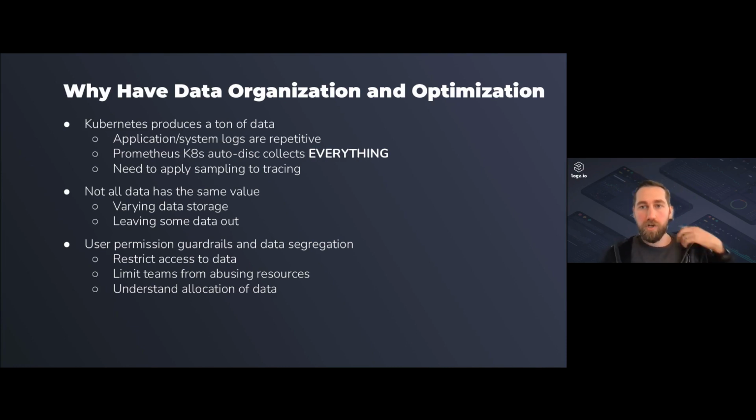We're shipping it from our Prometheus, from our Fluentd, and from OpenTelemetry. But when we ship this data into our platform, it produces a ton of data. And as you scale as an organization, there are many considerations you have to weigh as you're scaling.